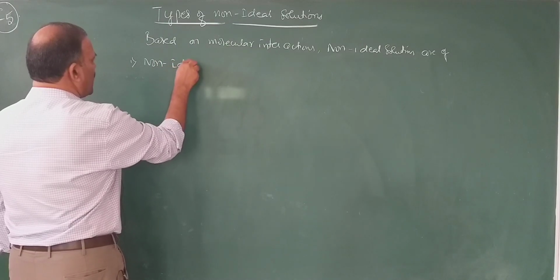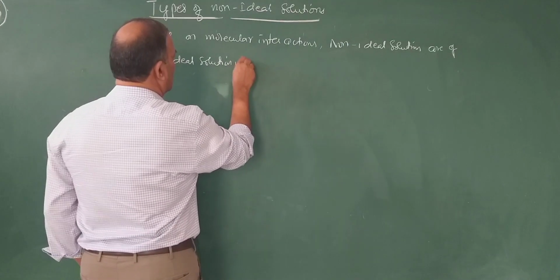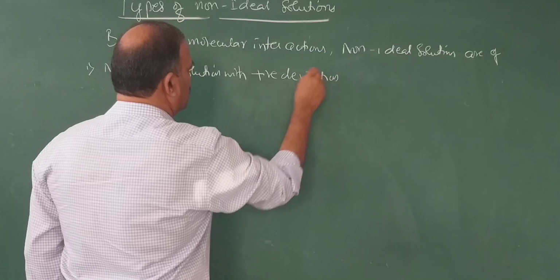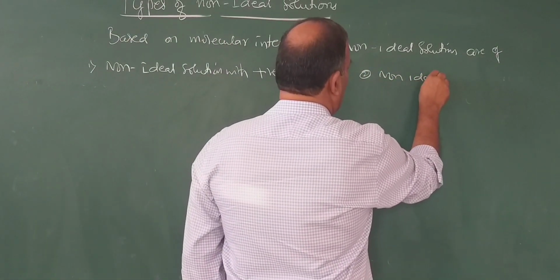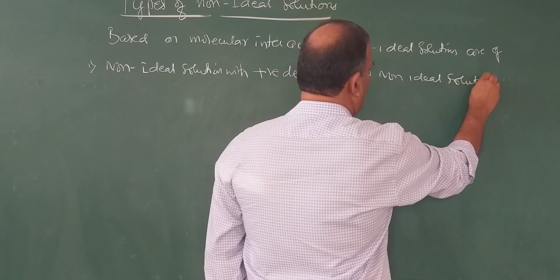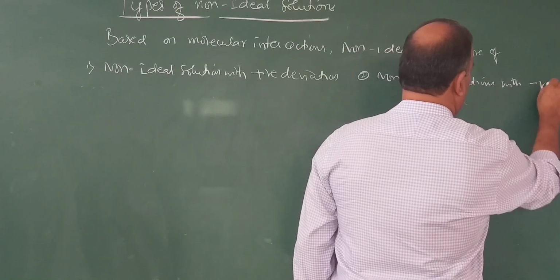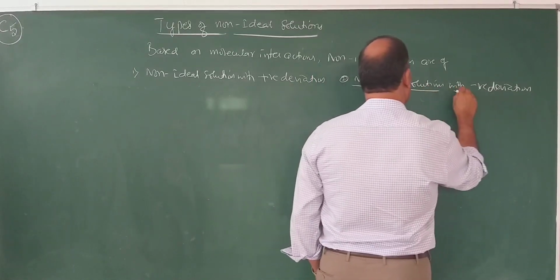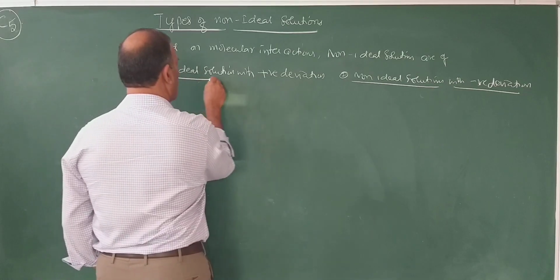Number one, non-ideal solutions with positive deviation. Number two, non-ideal solutions with negative deviation.